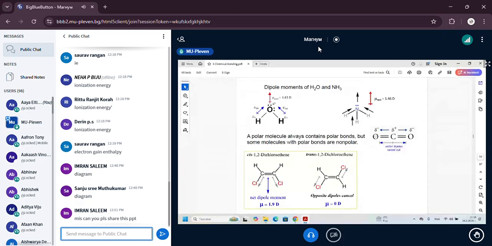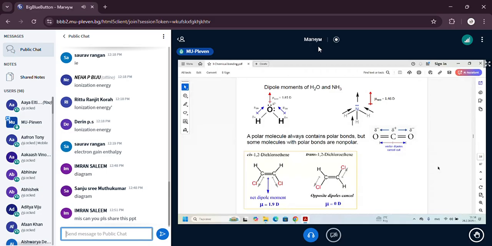The sigma bond is polar, and also the pi bond is polar. And vector dipoles can be represented in this way, but the molecule as a whole is not polar, because you can see that these vector dipoles cancel out.